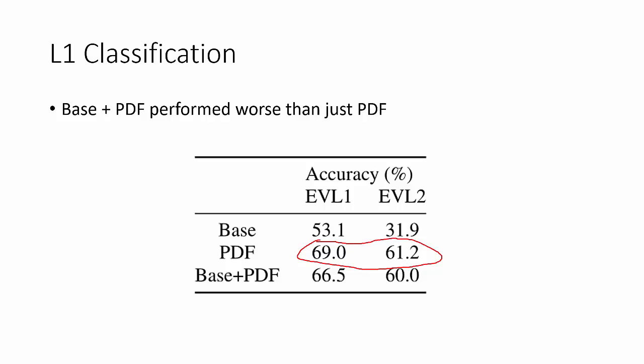The reason they gave was that pretty much all of the information was in the phone distance features, and the baseline features contained more or less the same information. So adding the baseline features actually made things worse because you're adding either features that were not important or features that were already incorporated in your existing phone distance features. So that was interesting.